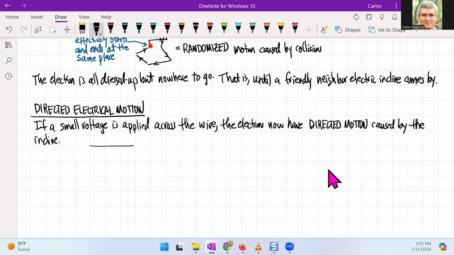So let's say this is our wire right here. And we're coloring it this yellow because we're kind of guessing that it's a copper wire. So now I have my ions here, here. So my copper ions are here. And what we're seeing here is that we are now placing a voltage across that.